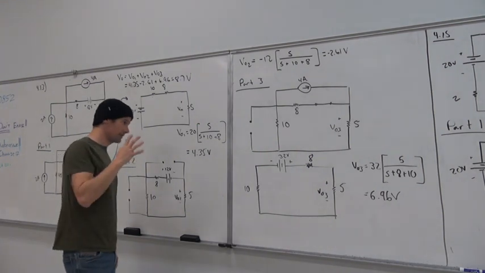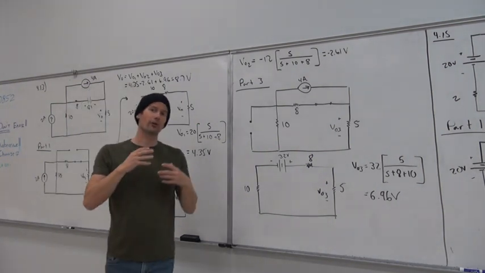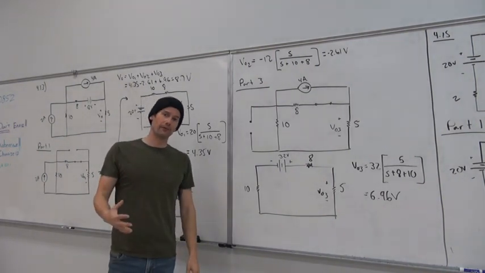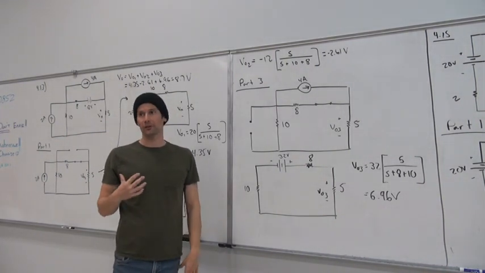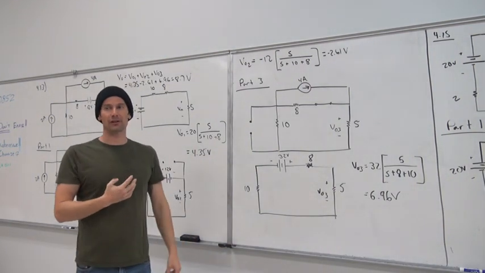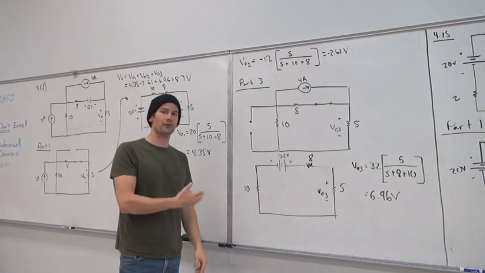Now, just to reiterate, the process we're looking at in circuits 1 is really more of a proof of linearity, to show you that each voltage is basically the algebraic summation of the contributions from each source within the circuit.